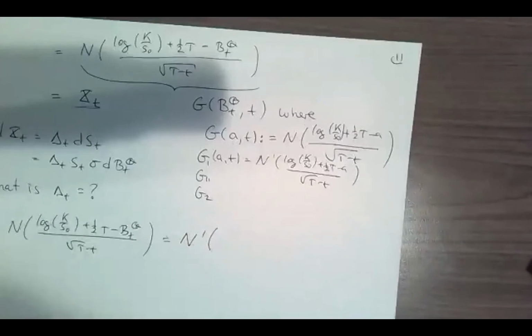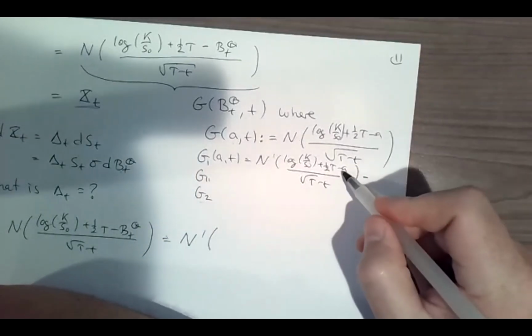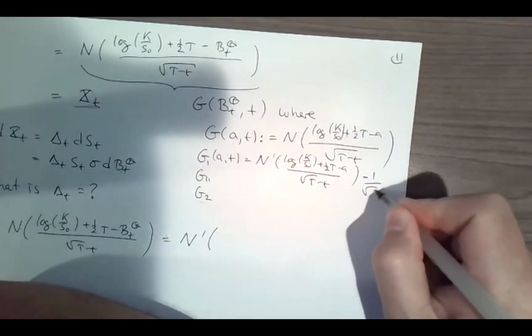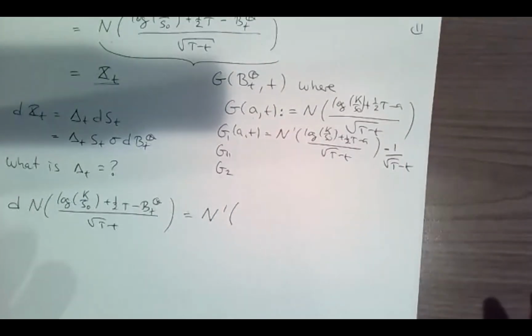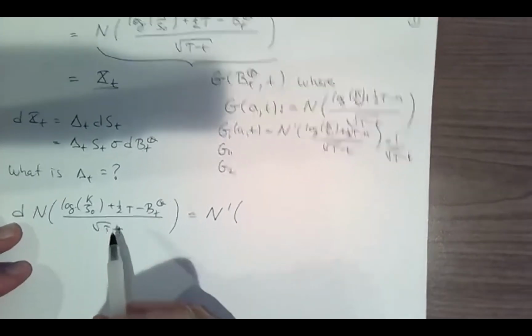That was the outer guy. Then I have to multiply by the derivative of what's inside. This is minus, because there's a minus on the a, 1 divided by square root t minus t. So that's what I'm going to get here when I use Ito's lemma.